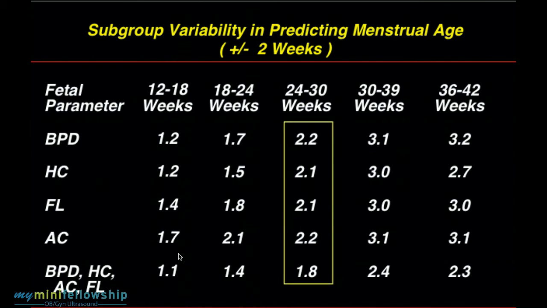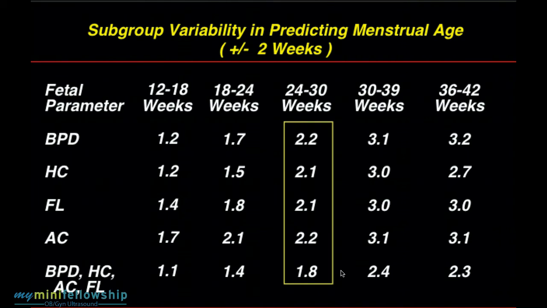However, he also taught us that once we pass 24 weeks, biologic variability becomes sufficiently large that extraordinary caution is required when we are thinking about changing a patient's dates. For myself, I never do it.